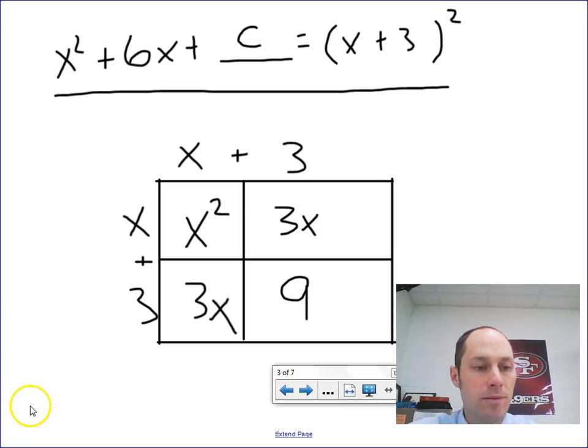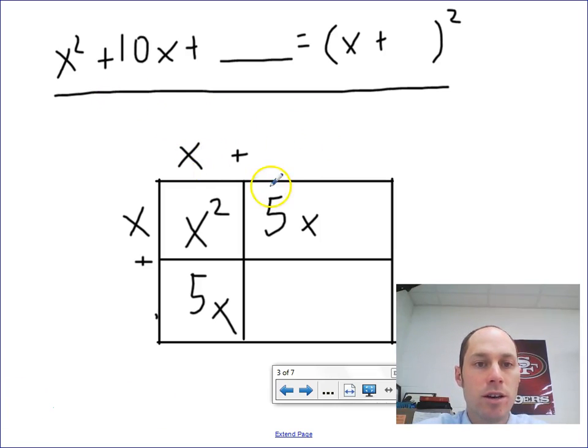So I reset my equation and take a look using the box method, but I have x squared plus 10x plus what? So I know x times x will give me the x squared. I know these would have to each be 5x, so x plus 5 and x plus 5, as long as my c value, 5 times 5, is 25.